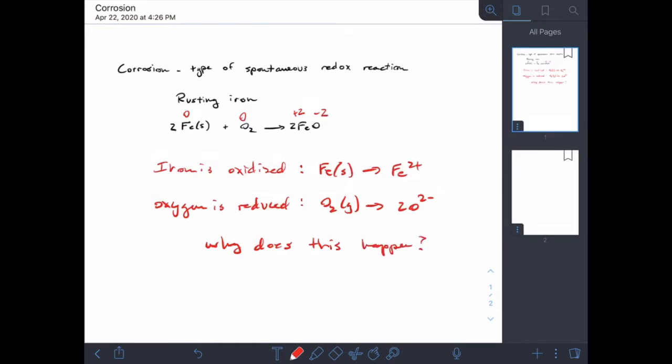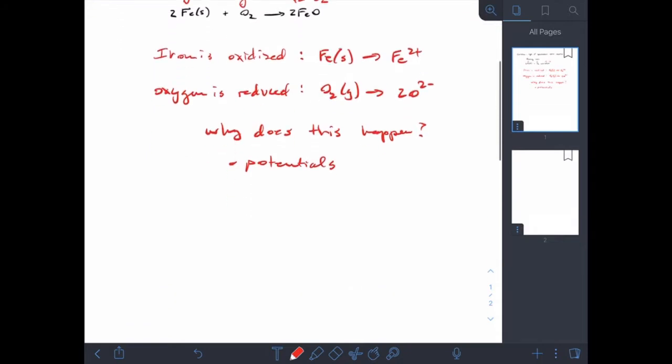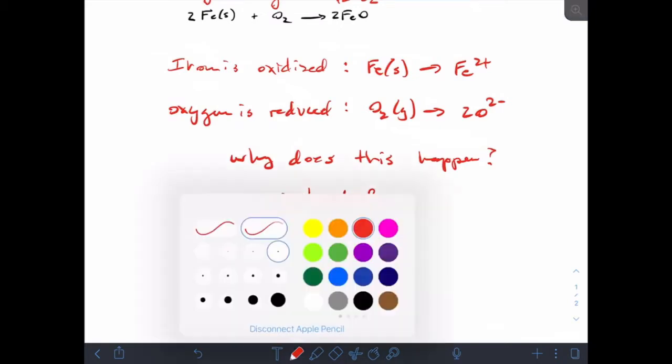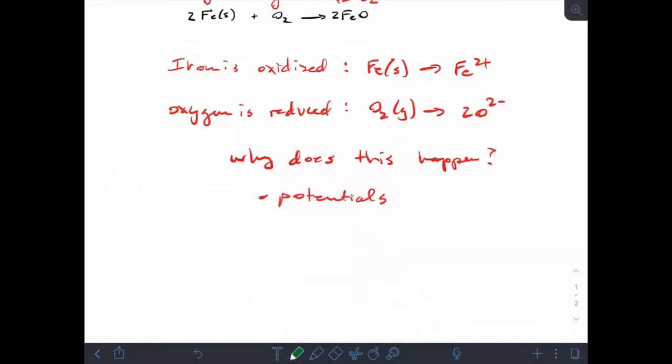And hopefully your immediate thought is to think about the potentials. Why does oxygen get reduced, and why does it cause iron to be oxidized? So coming back to this idea that we had earlier, that the one with the more positive reduction potential is the one that will be reduced.